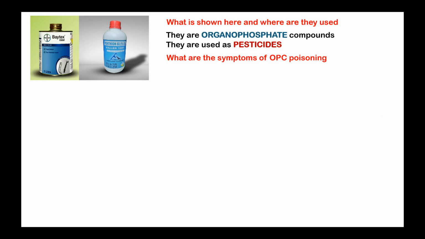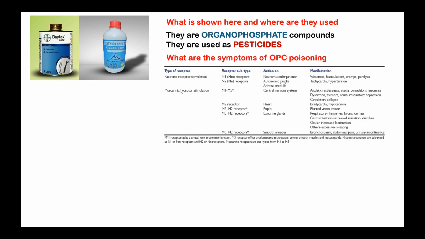So it affects the nicotinic receptor stimulation, causing effects at the neuromuscular junction, autonomic ganglia, adrenal medulla; muscarinic receptors are also stimulated, such as in the heart, pupil, etc. Various manifestations like weakness, fasciculation, cramps, tachycardia, hypertension, anxiety. Then once the heart gets completely blocked, it will cause bradycardia and hypotension. So it is mainly the nicotinic stimulation of the autonomic system.